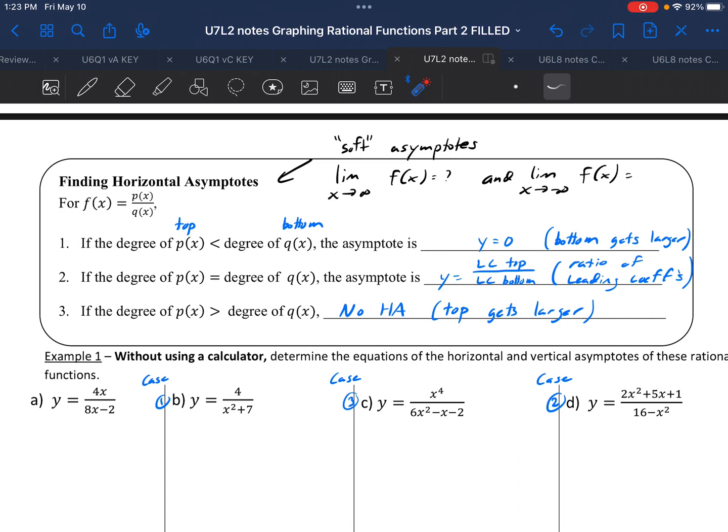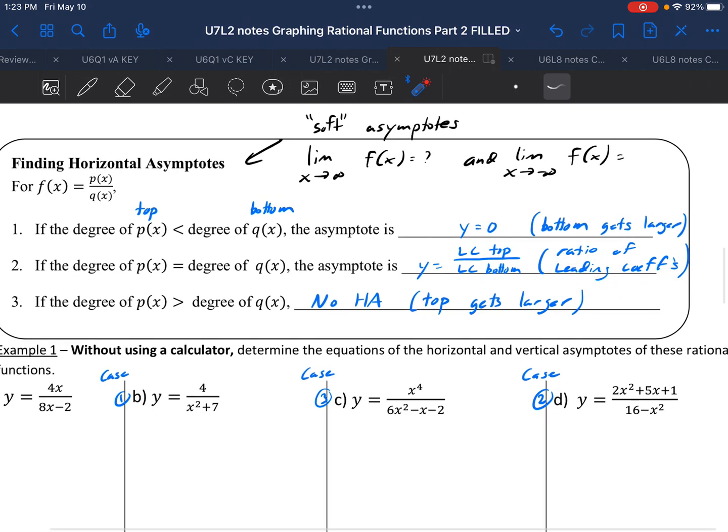Case 2, the degrees are equal. What's going to happen there is you're going to take the leading coefficient of the top and the bottom and you're going to divide them. So I wrote over here, it's the ratio of the leading coefficients.